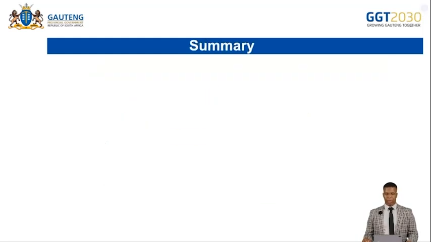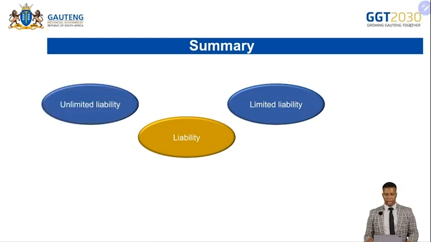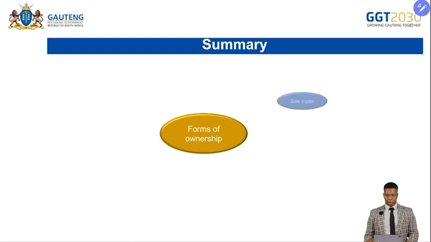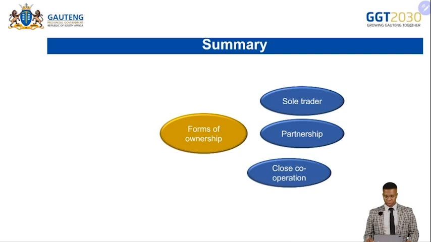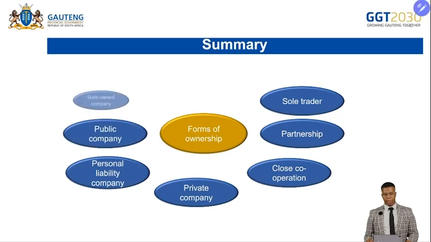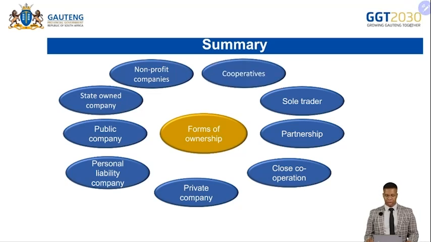Then, summary of our lesson. We looked into limited and unlimited liability, and we also looked into the following forms of ownership: your sole trader, partnership together with close corporation, and private company together with personal liability company, and public company with state-owned company together with non-profit companies and cooperatives. Now, this was the lesson.